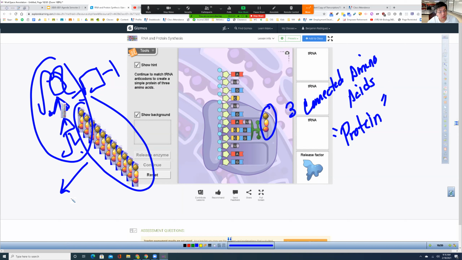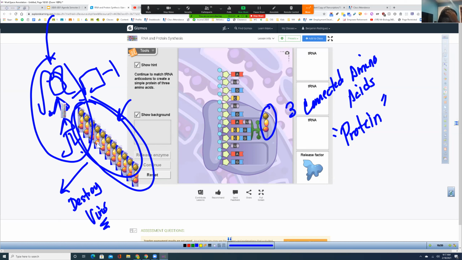These proteins are going to help destroy the virus. So let's draw a virus here. If a virus went into my parents, now my parents have the tools, the ammunition, the proteins that are going to attack the virus and kill it.